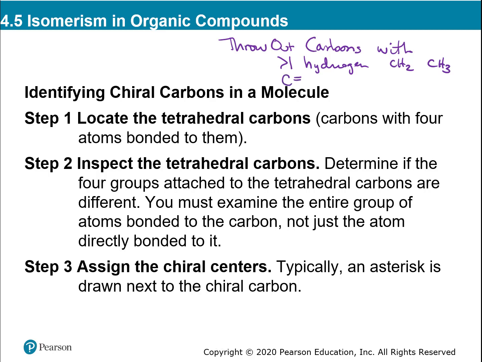Any carbons with double bonds, even carbons with triple bonds, which we really don't see very much, if it doesn't have 4 single bonds, then you can throw them out. So for example, if you see this, you can throw both of those carbons out because they both have double bonds. Or if you see a carbon double bonded to an oxygen, you can throw that one out because it's got a double bond. So it has to have 4 single bonds attached.